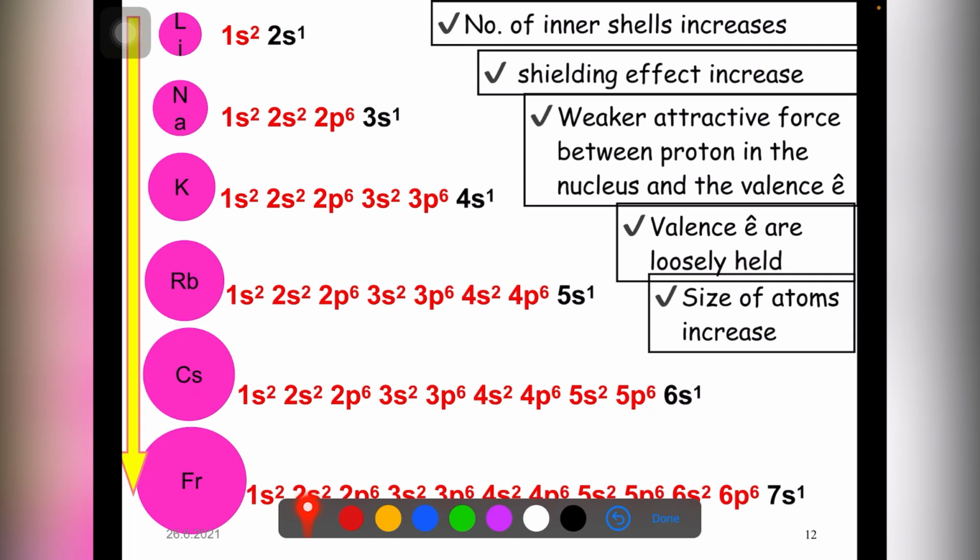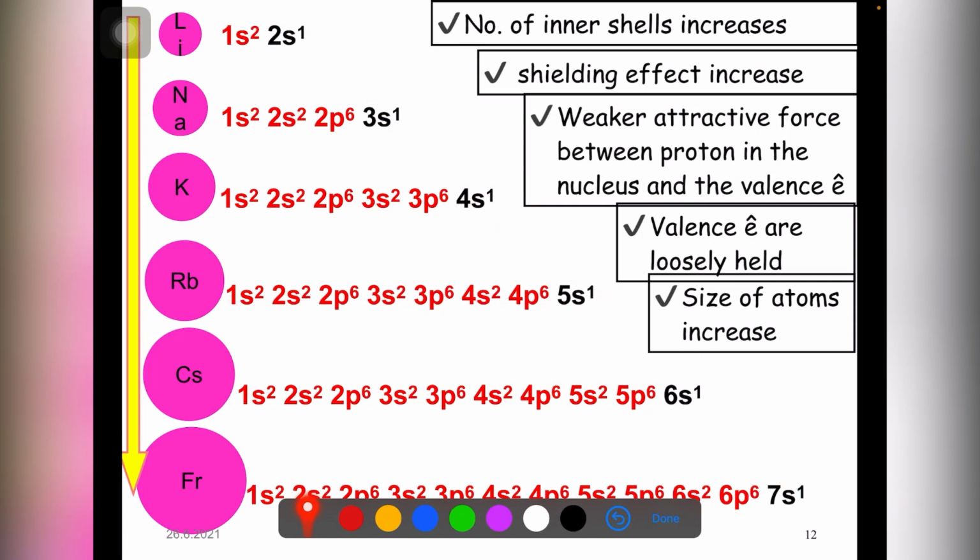So all of these are in the same group, group 1. The similarity of the elements is that all of them have the same valence electron. You see that all the elements have one valence electron.